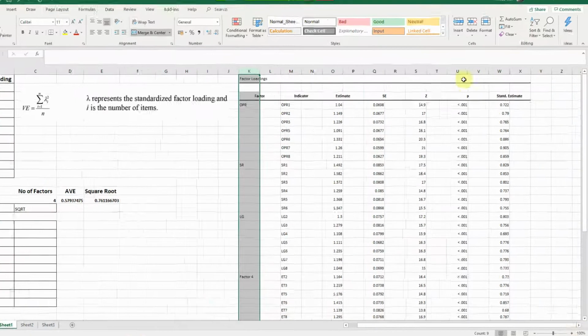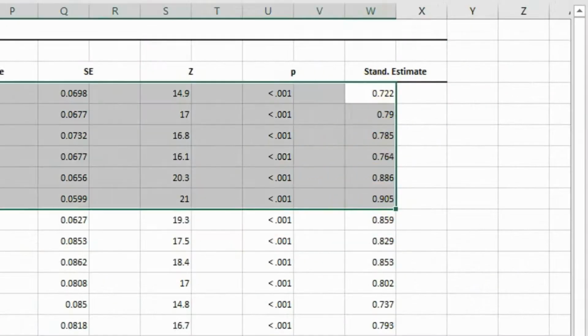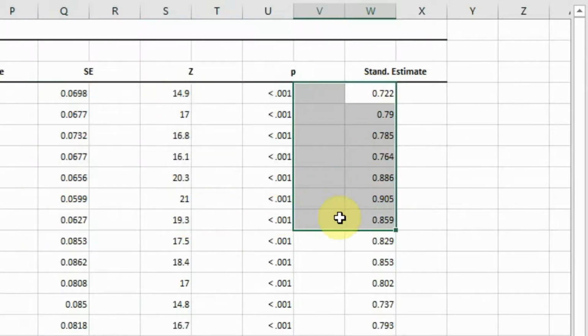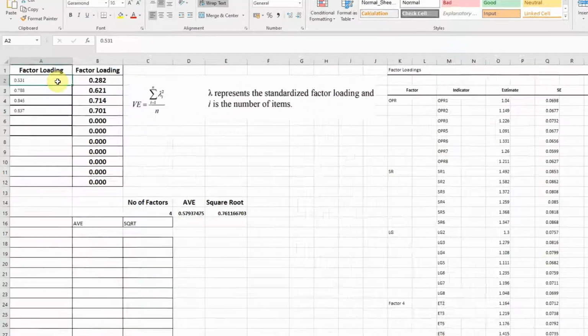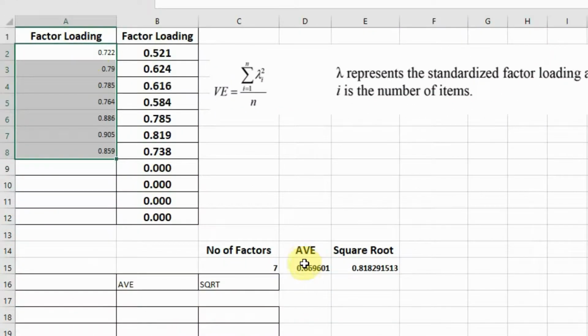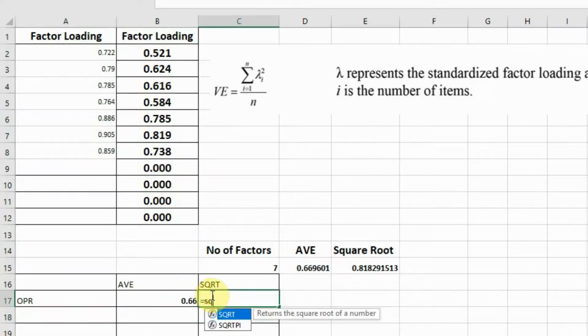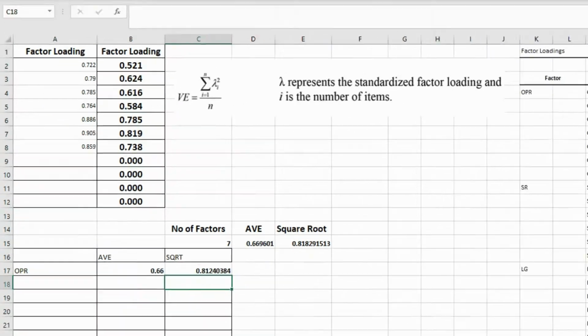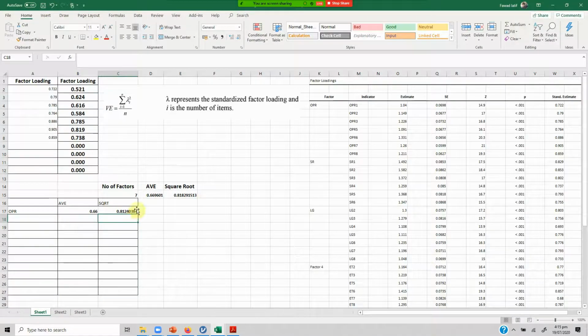Use the standardized estimate please, only the standardized estimate, otherwise the values will be wrong. So just copy them from here, put them here, and now the AVE for operational responsibility is 0.66. So OPR 0.66. Its square root, we will use it for discriminant validity, so this will also be part of the calculator.